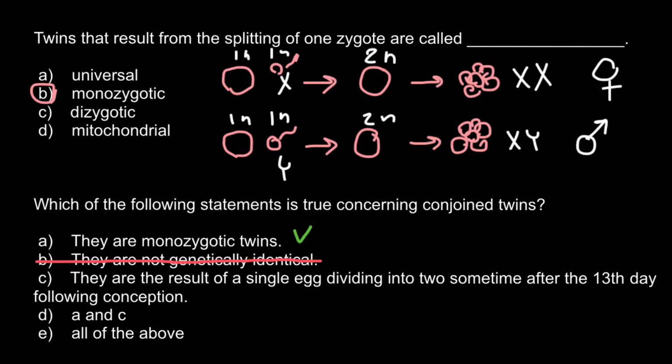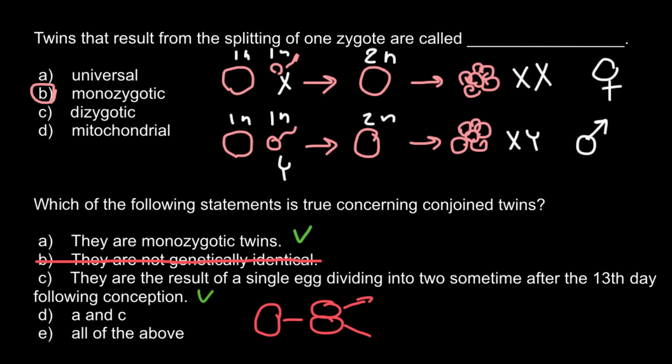So answer C, they are a result of the single egg dividing into 2 sometime after the 13th day following conception, and this is true because they are monozygotic twins, and this is just a rephrasing of answer A. When a zygote divides, for example, here we have a zygote, and the next stage would be a blastocyst.